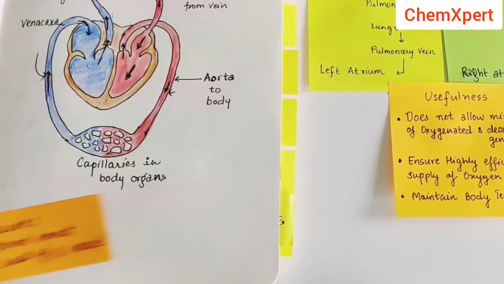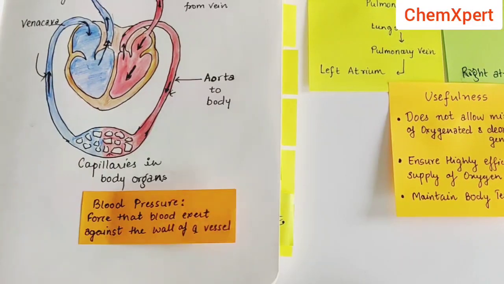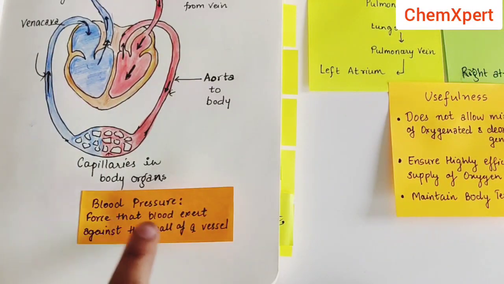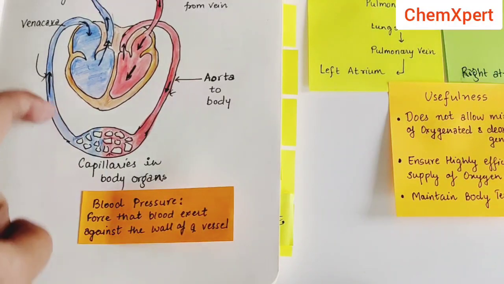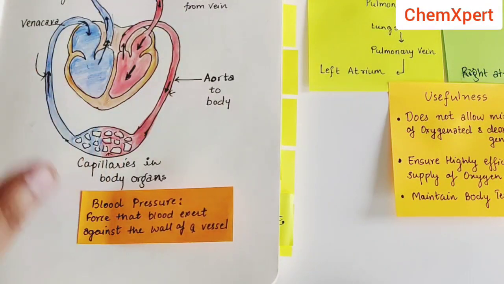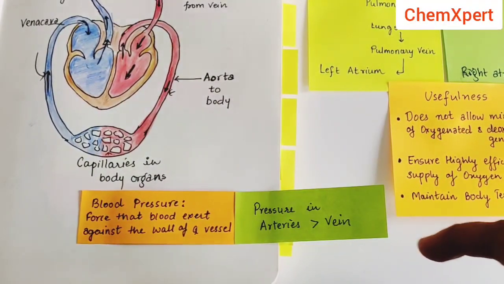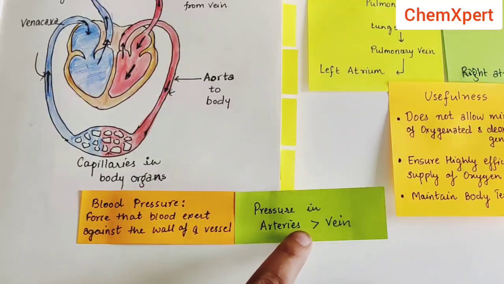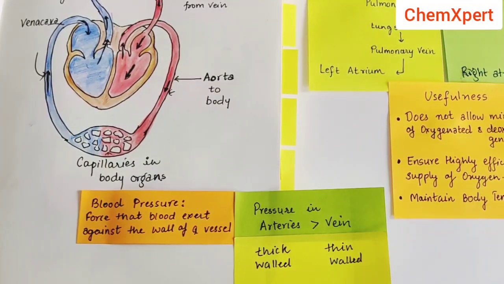Now the next important topic in this case is blood pressure. What do you mean by blood pressure? The force that blood exerts against the wall of a vessel. Whenever blood is moving in these vessels, it exerts a pressure. The pressure in the arteries is greater than that in veins, due to which arteries are thick walled whereas veins are thin walled.